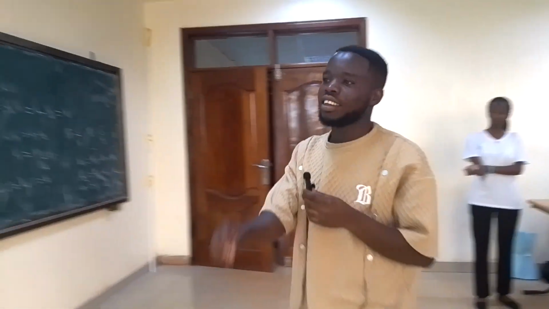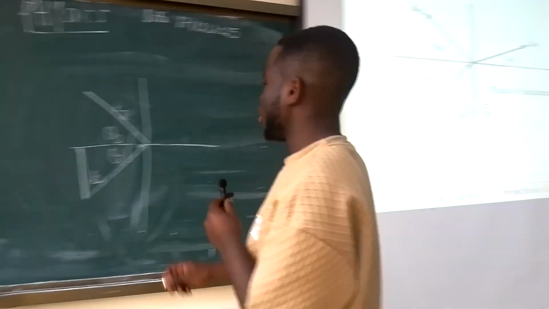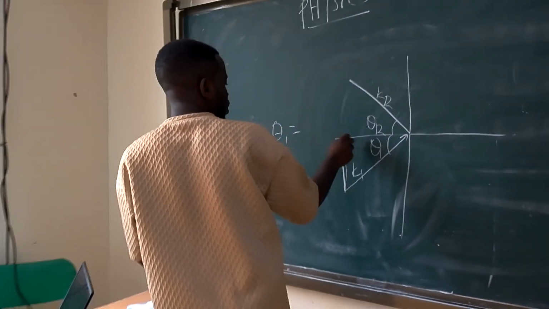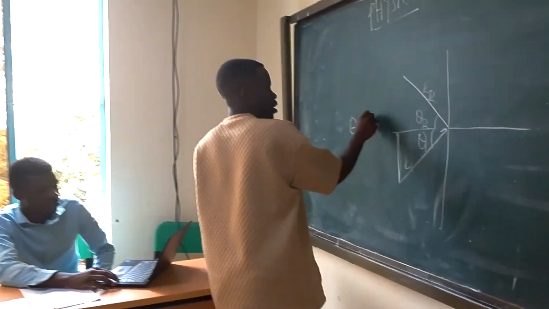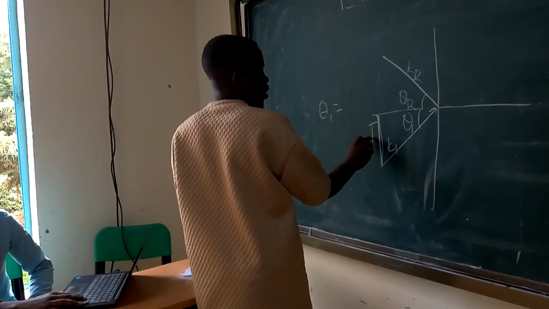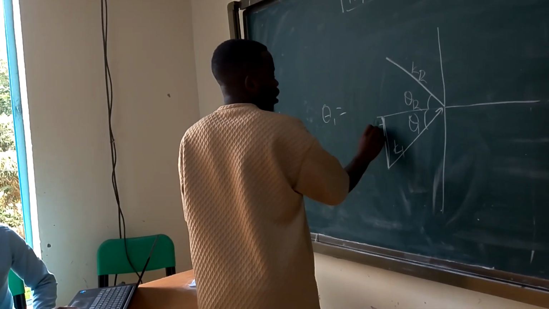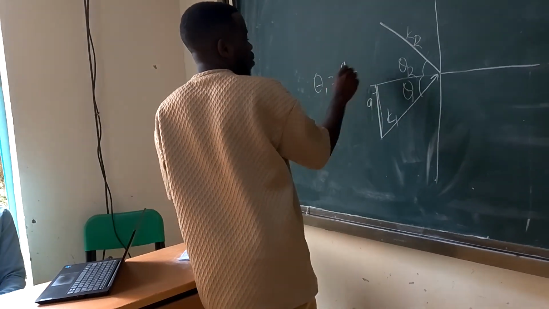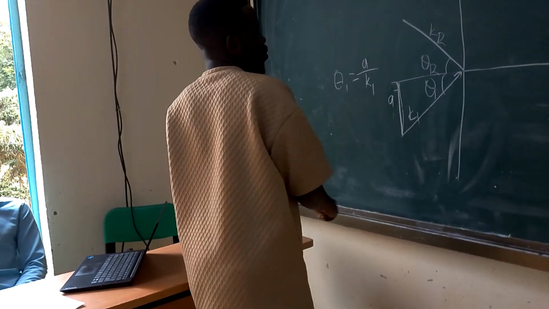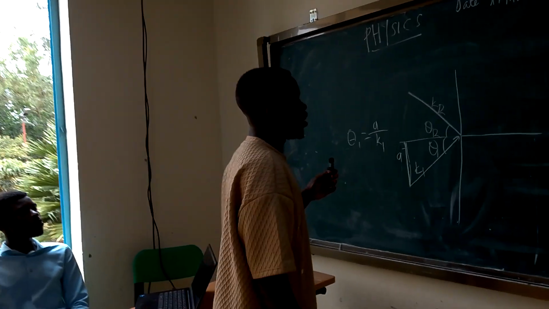Thank you. The angle of incident is equal to this side, which let's call side A, over the wave number of this incident.